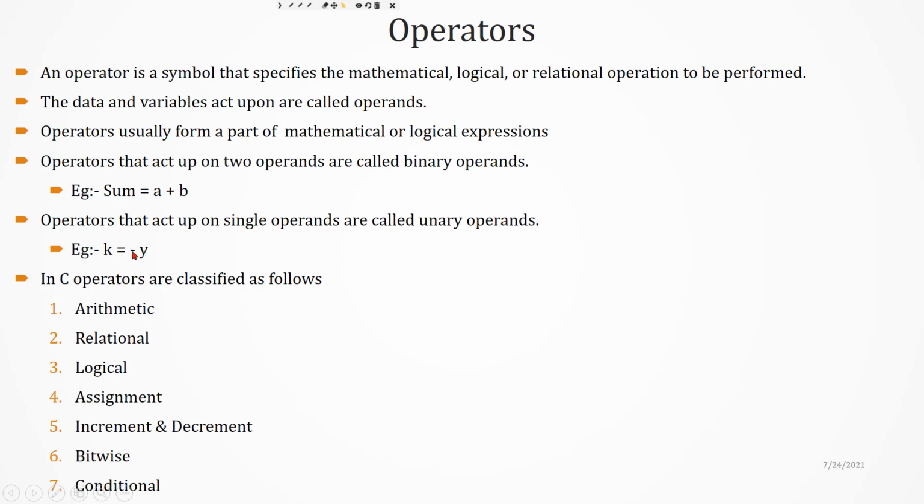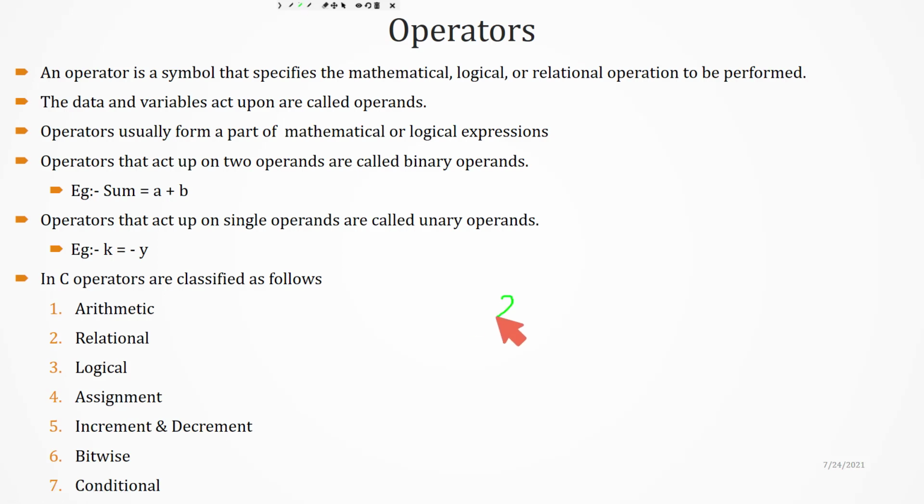So this minus acts upon only one variable, so it is called a unary operator. Here plus acts upon a and b, so it is a binary operator. Here minus acts upon only one operand, y, so it is a unary operator.